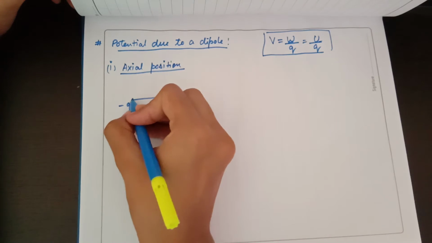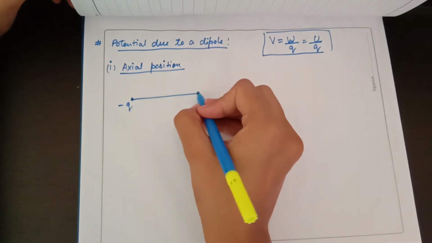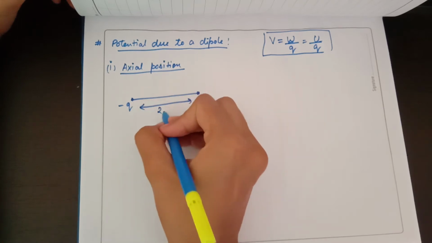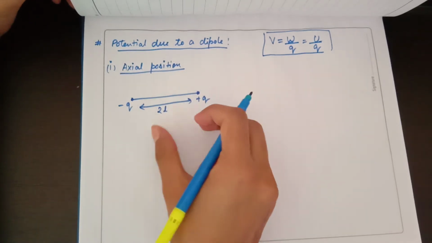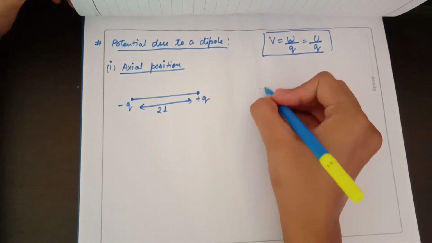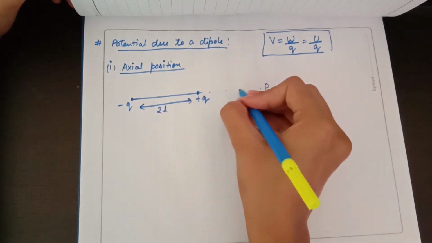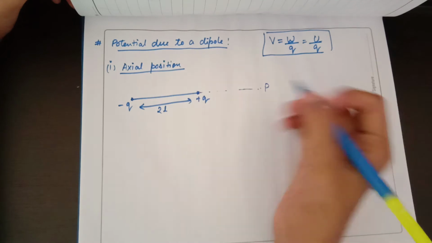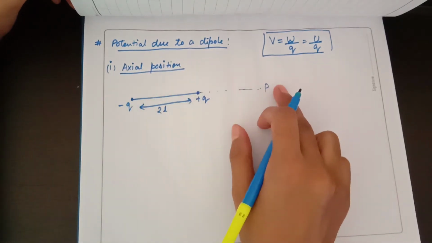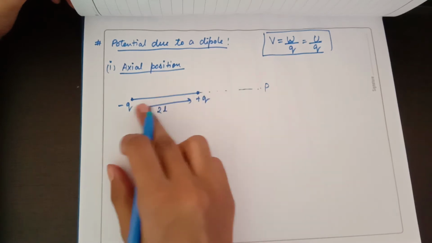Here I have minus q charge and this is plus q charge, and the small distance between these two charges is 2L, and a point P is situated somewhere here at its axial position. By axial position I mean the same line which is connecting the two charges.